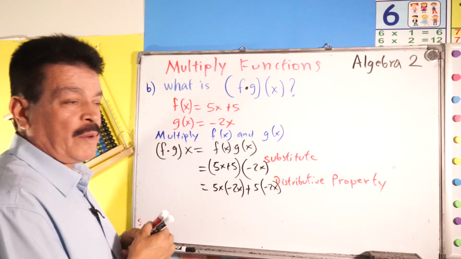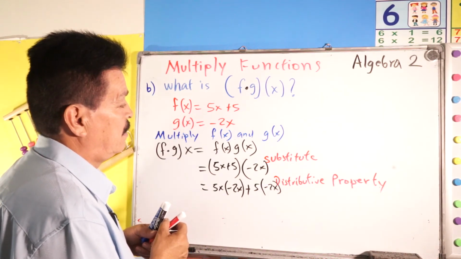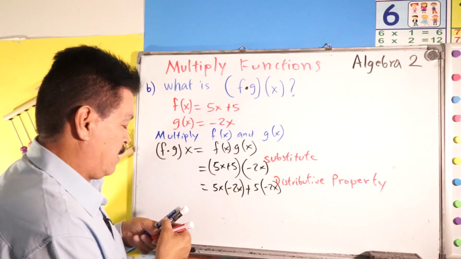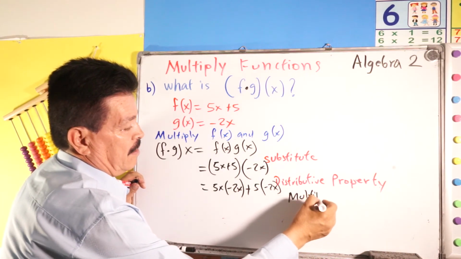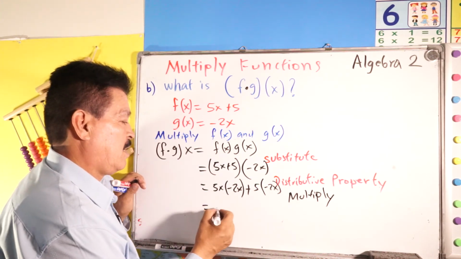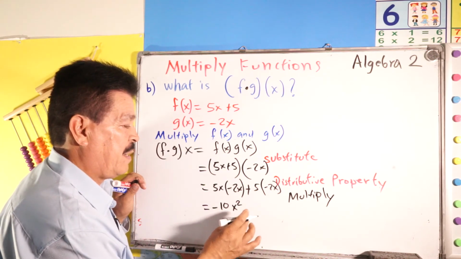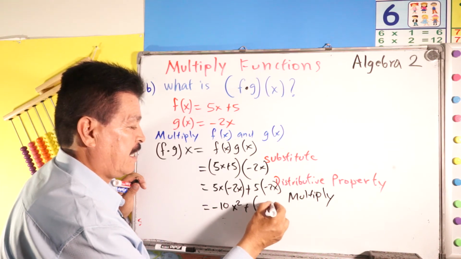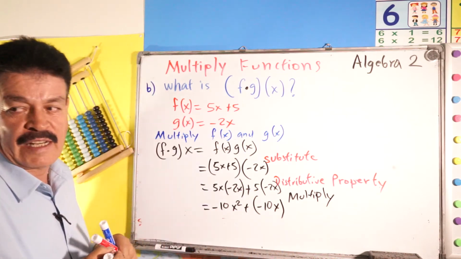So now we multiply. So this equals negative 10x squared, plus negative 10x, right? Negative 10x.